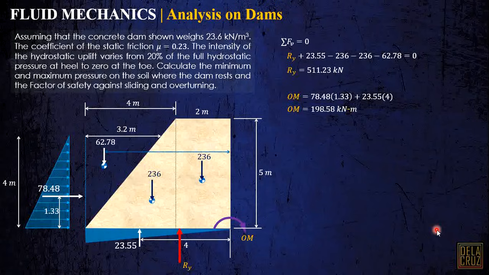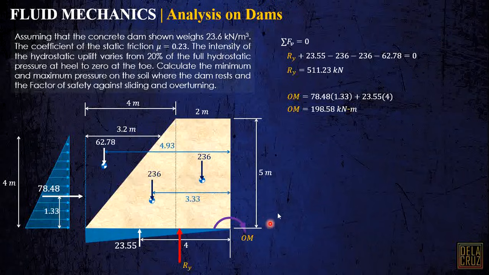Now, another moment we should account for is the stability moment, and this is due to the gravity loads. Gravity loads here are the downward forces. So let me just calculate this one. Take note that if this is a triangle, the remaining distance here is 1/3 of 3.2. Therefore, this net distance here is just 6 meters minus 1/3 of 3.2, and that is 4.93.